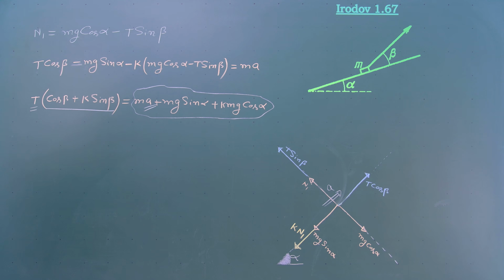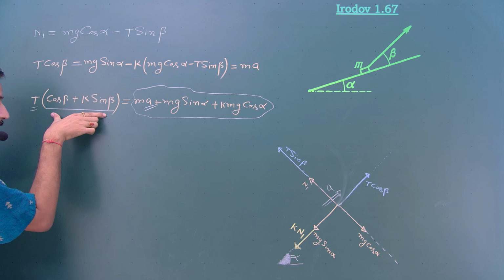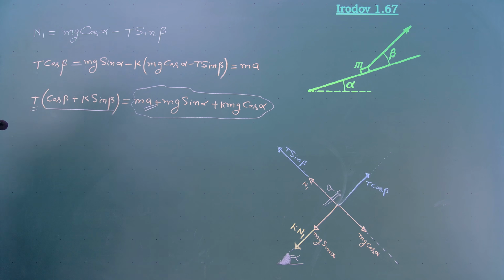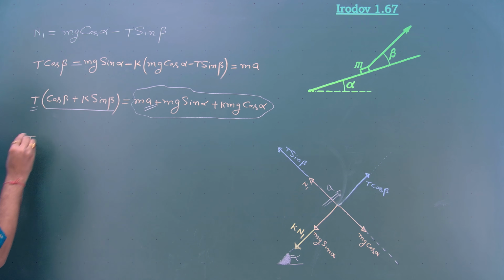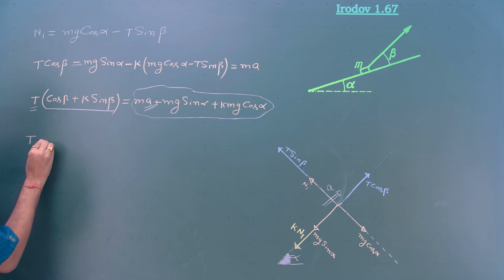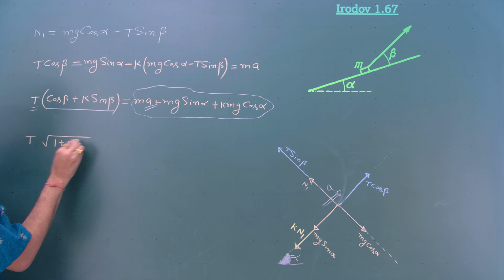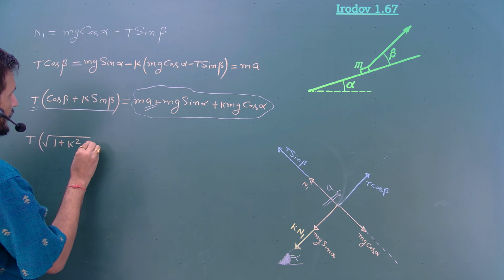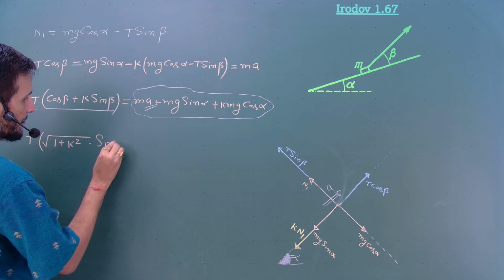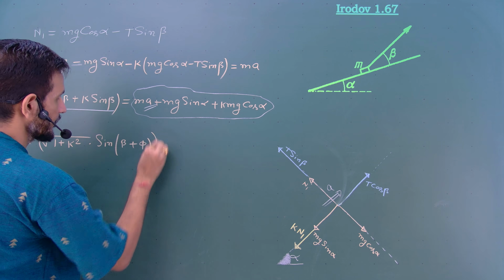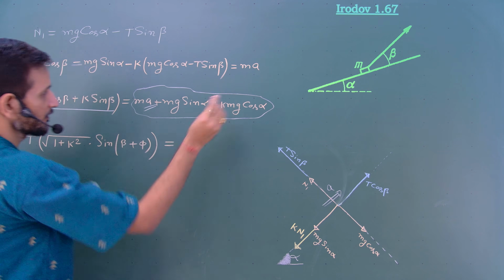So let me write this trigonometric form in a single sinusoidal form. So it should be equal to T into under root 1 plus k square into sin (beta plus phi), and should be equal to this number.